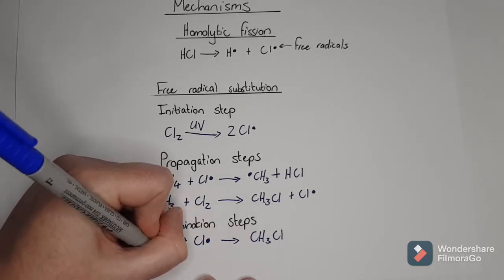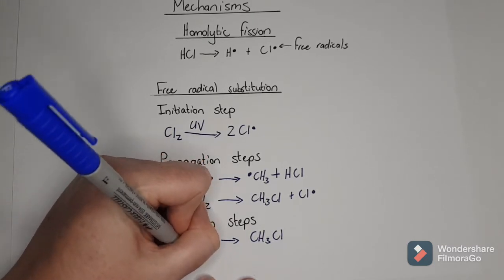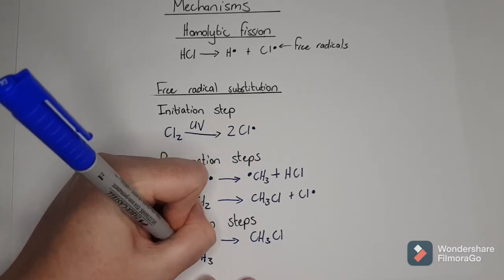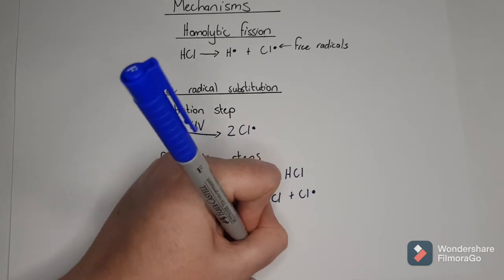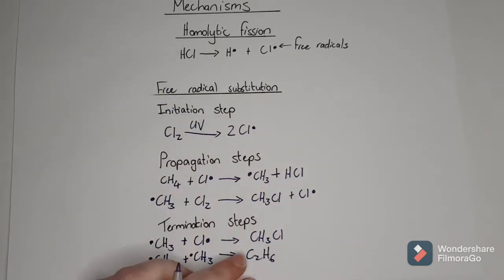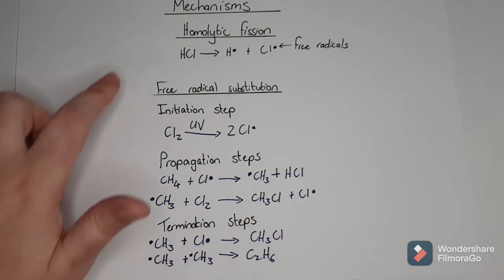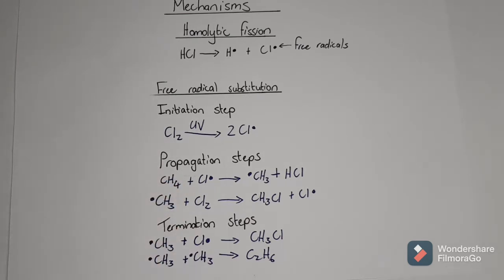So I can have the CH3 plus the CH3 together to make C2H6, and I go from methane to ethane. So those are all the different steps for the free radical substitution, where I take an alkane and I turn it into a halogen alkane.